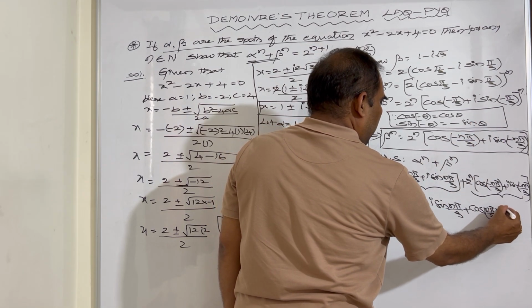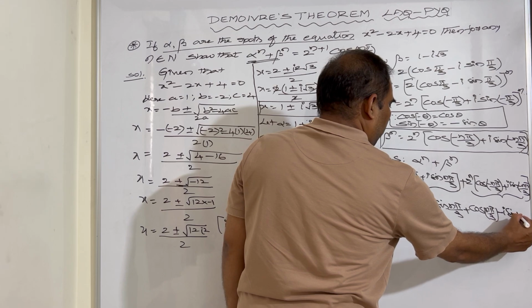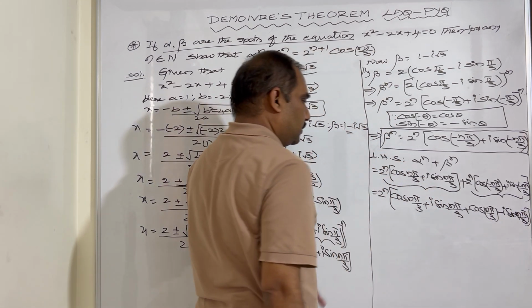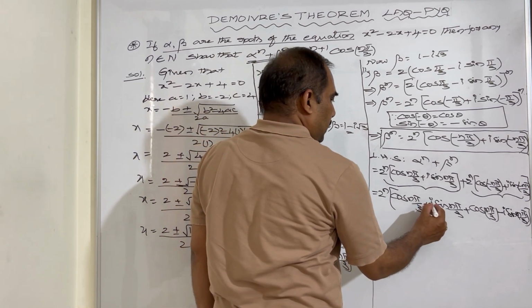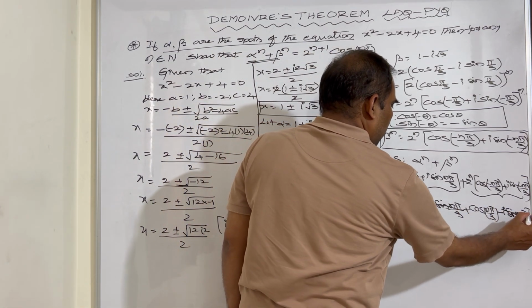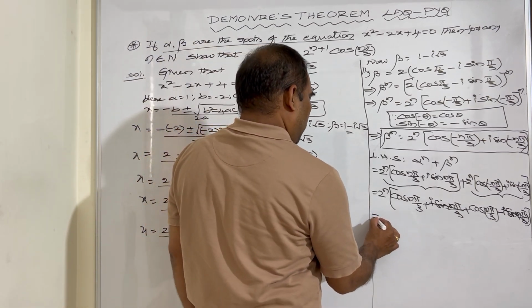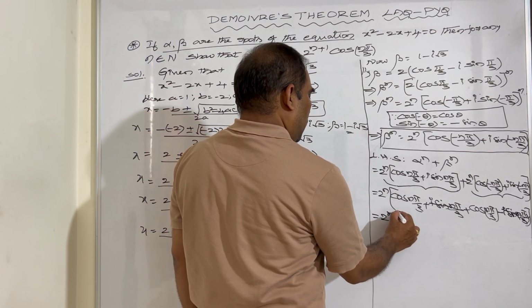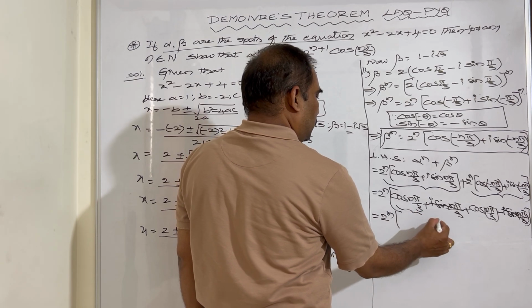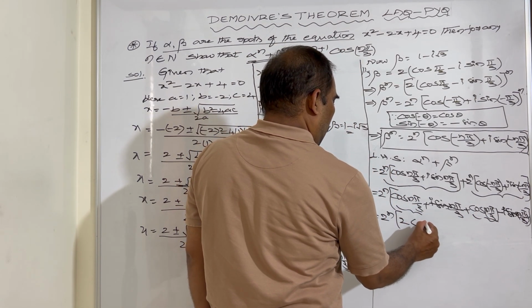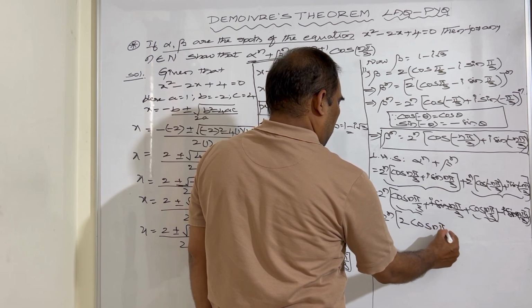So we can write minus I sin of n pi by 3. See, as per that property. Observe here, plus I sin n pi by 3 and minus I sin n pi by 3 terms get cancelled. So now we have 2 to the power of n into cos n pi by 3 and cos n pi by 3. So we get 2 cos n pi by 3.